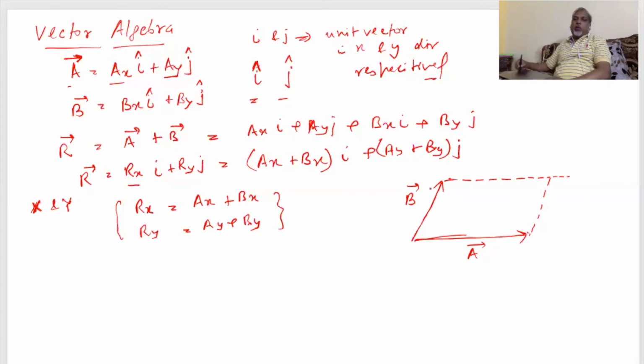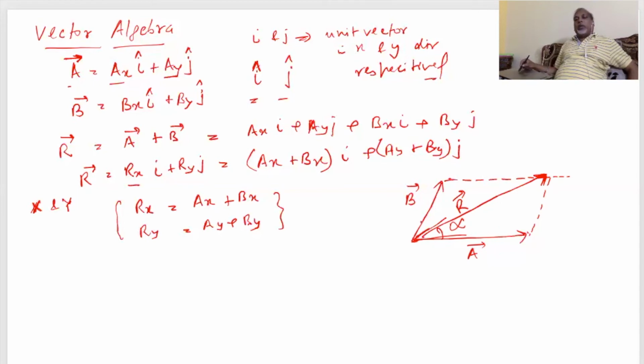And what will be the resultant? The resultant of A and B will be this. This will be your R. We have to find out this alpha.